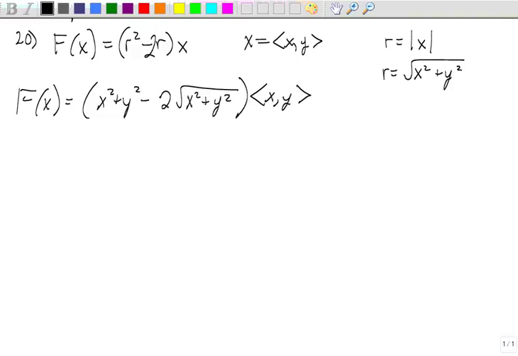So we have f of x equals 0 when r squared minus 2r equals 0, or at the point (0, 0), or the vector (0, 0). So when r is 0 or r is 2, then our vector function is 0.